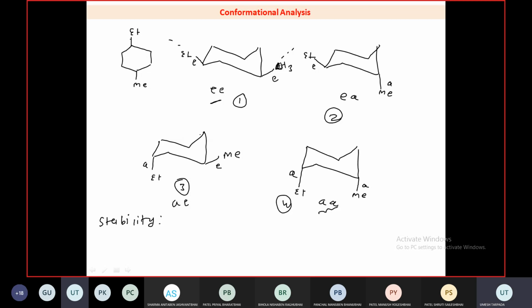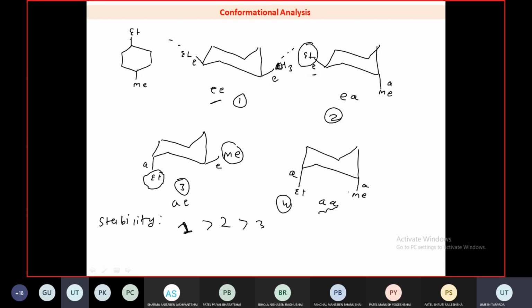Good. 1, 2, 3, 4. Very good. I have written the correct answer. One, both are at equatorial, so it is more stable. Now second: the ethyl group, the bulky group, is at equatorial. Here also one is equatorial and one is axial. But here, the less bulky group is at equatorial, so the bulky group is at axial. So stability decreases. So second has higher stability as compared to the third one.